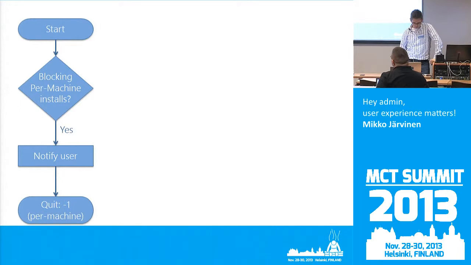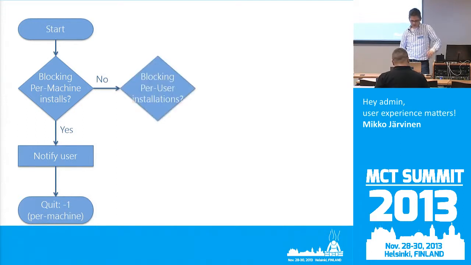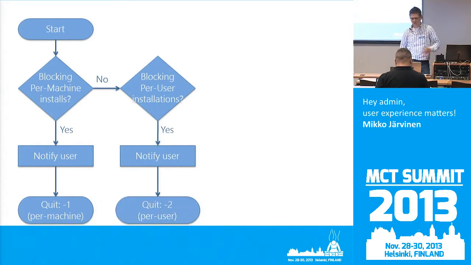What it does, we're checking the per machine installations. If there are those, we notify the user and we quit. If there are per user installations which are blocking, again we notify the user and we just quit.